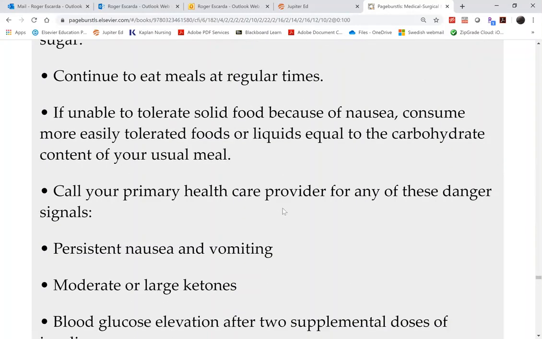Okay, it used to be whenever we had positive ketones in the urine, every patient was admitted to the hospital. That's not really necessary nowadays, especially today in this day and age wherein we're dealing with COVID. It's not really necessary to admit you to the hospital. Okay, as long as you can keep some fluids down, we don't have to admit you to the hospital.